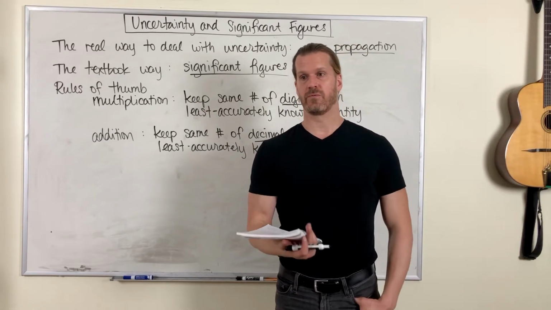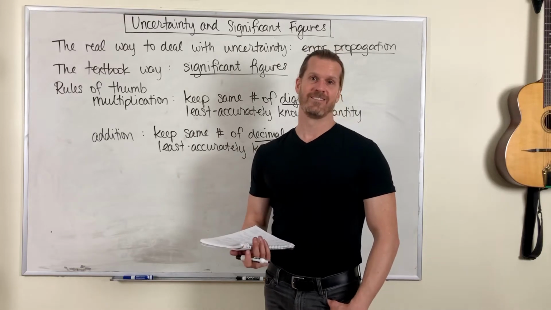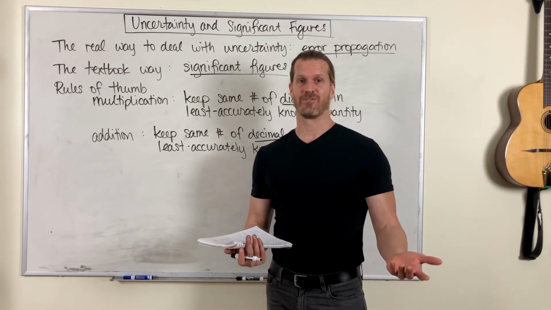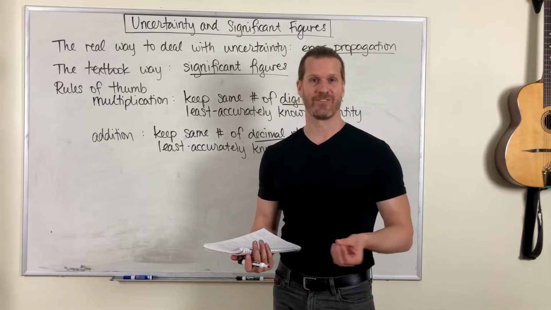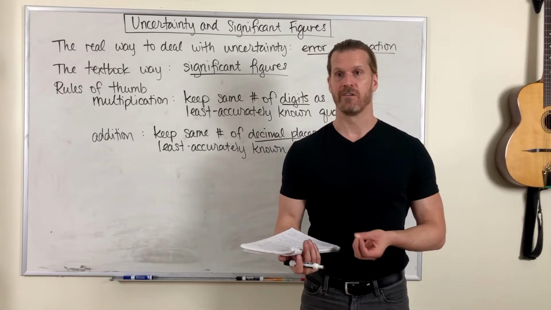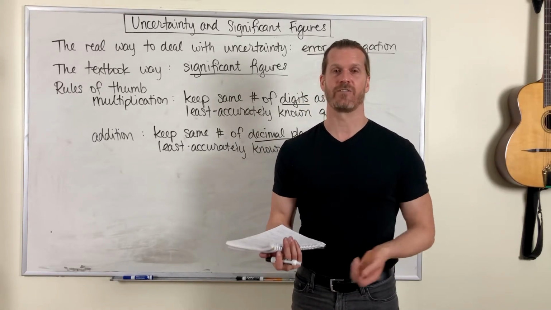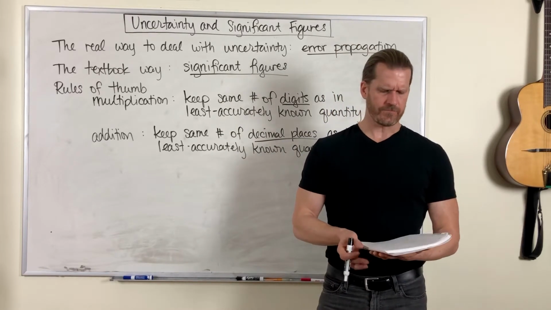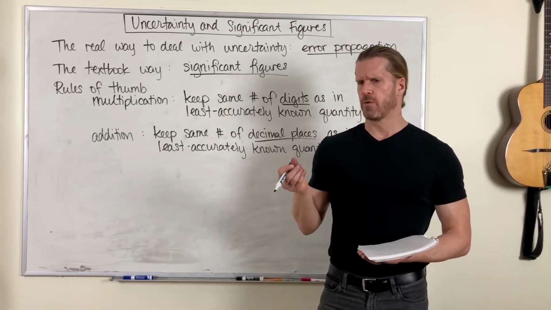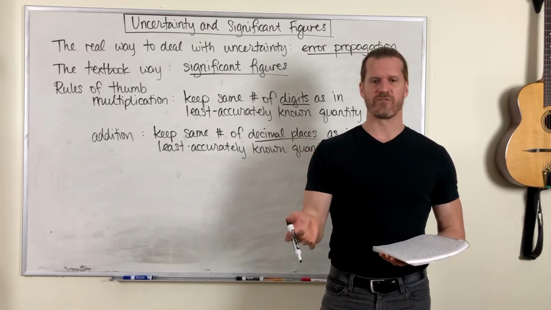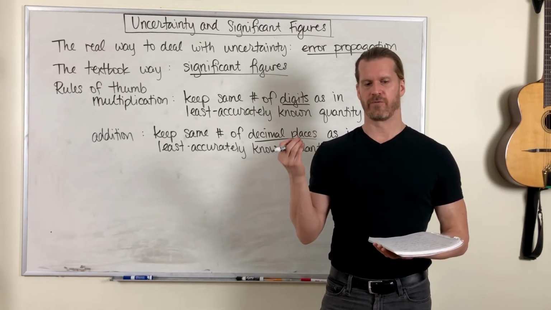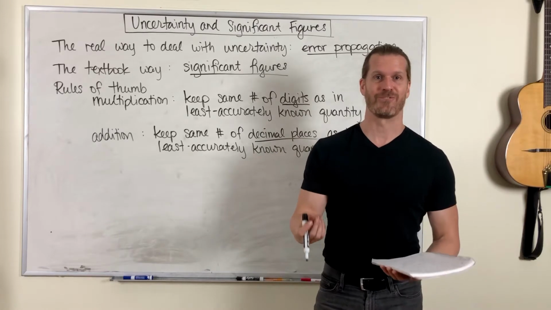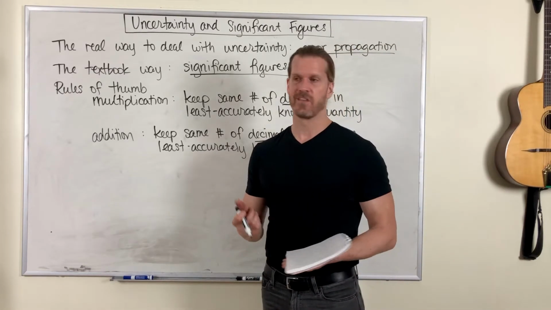And you don't want to make people think that your results are more accurate than they really are. In science, we want to be honest about what we are presenting. So we need to express measurements with the right amount of certainty and the right amount of uncertainty.